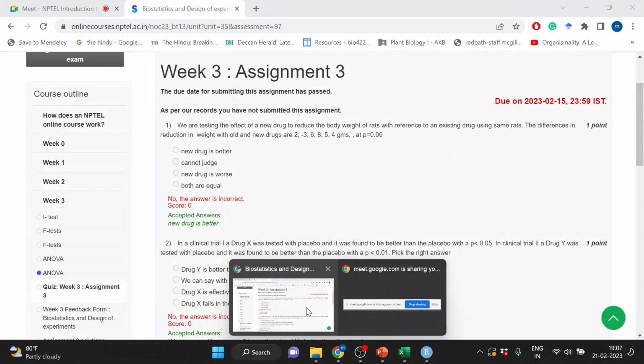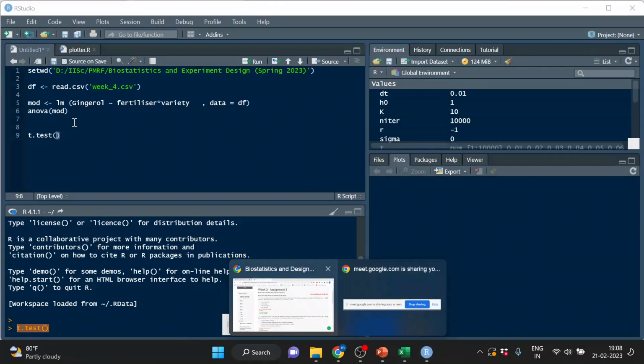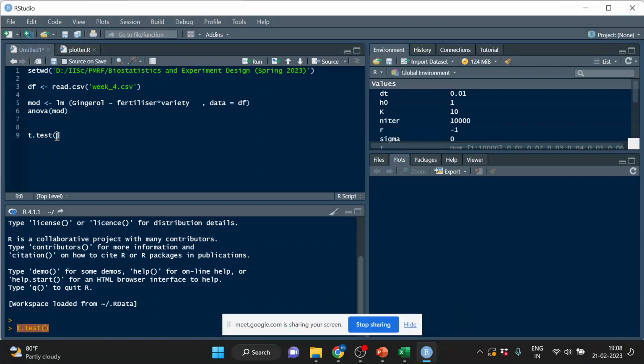I've not done the math, I can't do it so quickly, but I'll just do a t test in R. You can plug in the values in R and check it, sir. 2 minus 3, 6, 8, 5, 4.